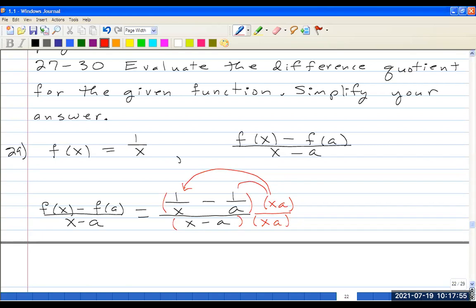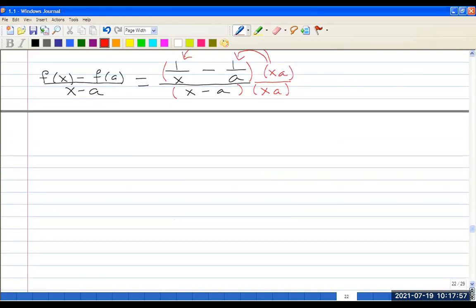So this is equal to, well, the x's cancel, so I just get a. The a's cancel, so I just get x. Over, well, x minus a times xa.